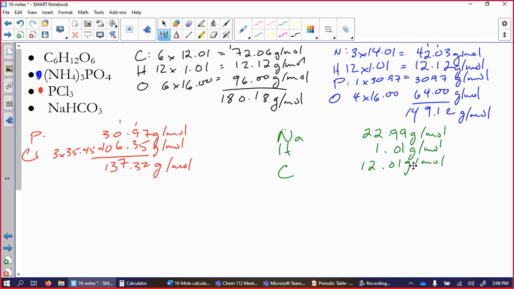Now, ultimately, if you can do this in a calculator for another question, that's perfectly fine. Oxygen is 3 times 16 is... I normally start doing it this way because it's the process of making sure you have everything written down. In grade 11, you guys are all capable of adding, you're all capable of naming things and all of that. It's miscounting for something like ammonium phosphate not having 3 and 12.